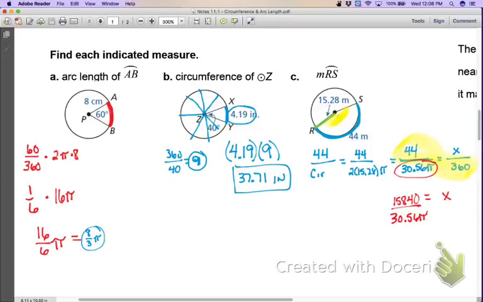Now, so if I have 15,840, I need to divide it by 30.56, and you can just type in pi. Don't change it to 3.14. Okay, you have a calculator. So change it to 15,840 divided by 30.56 pi.